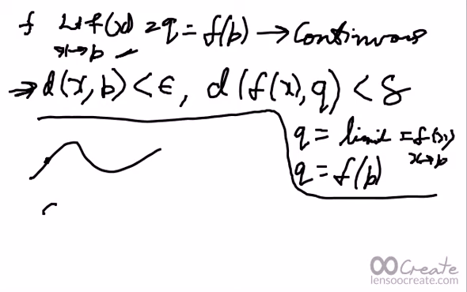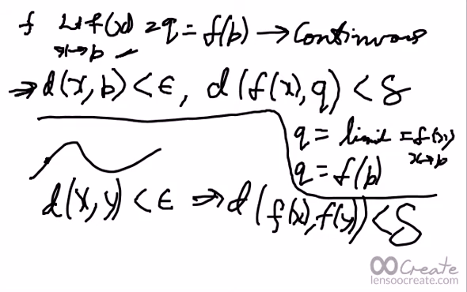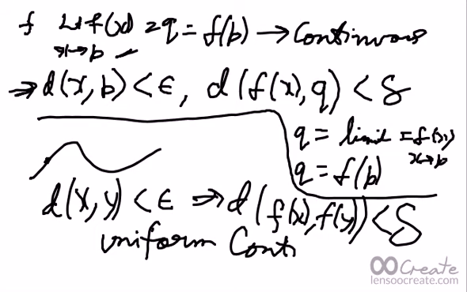That is, the distance of x, y less than epsilon implies that the distance of f(x) from f(y) is less than delta. So this is called uniformly continuous.